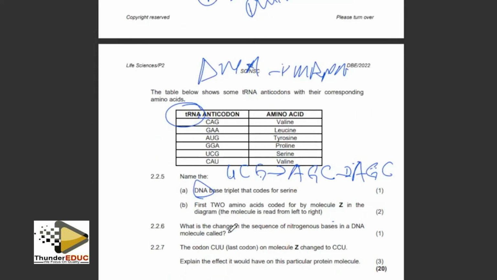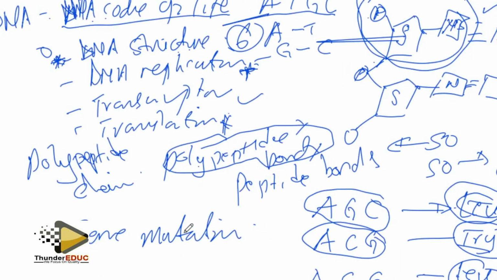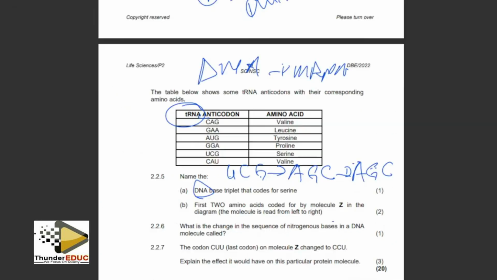What is the change in the sequence of nitrogenous bases? I've talked about it here: gene mutation, a sudden change in the sequence of DNA. When the sequence changes, automatically you're going to have a different protein structure if it codes for a different amino acid.